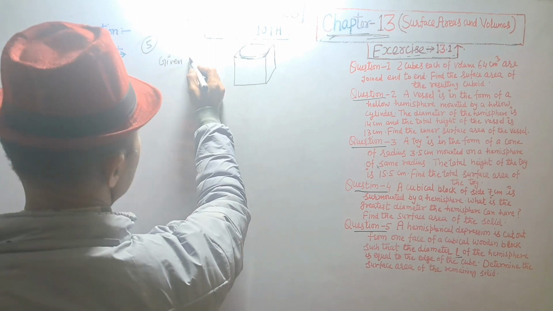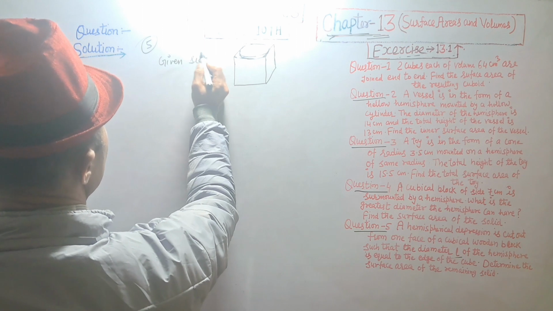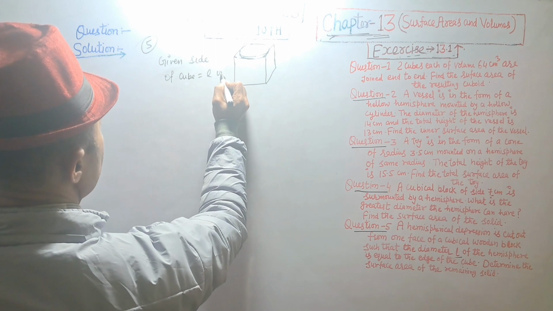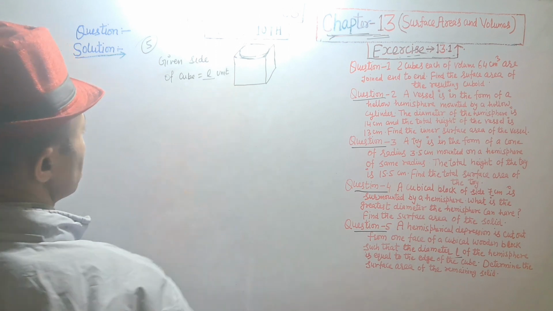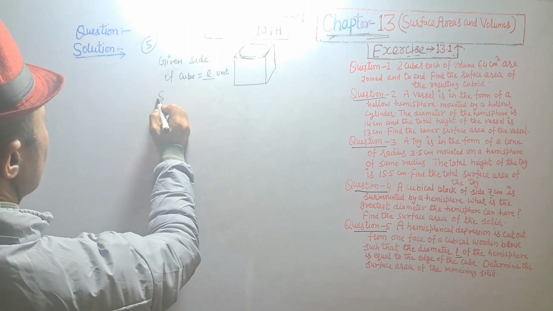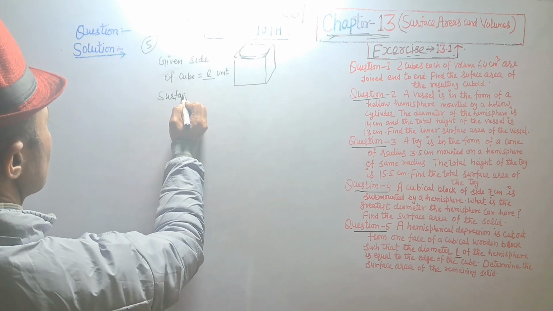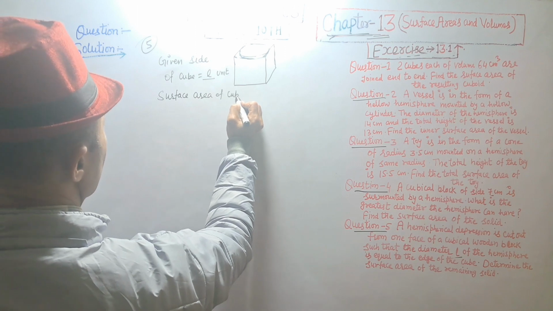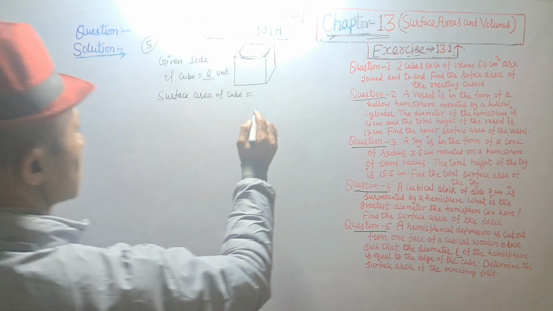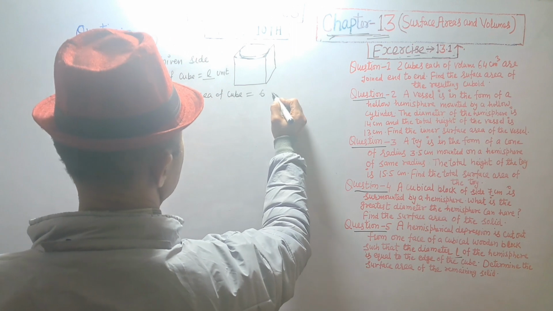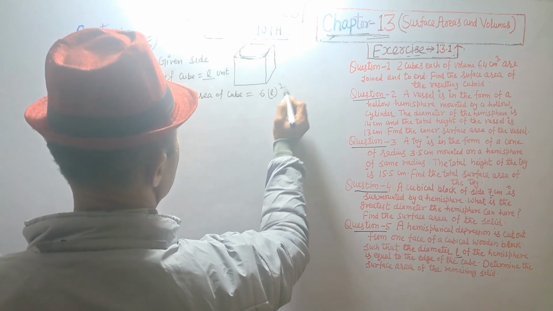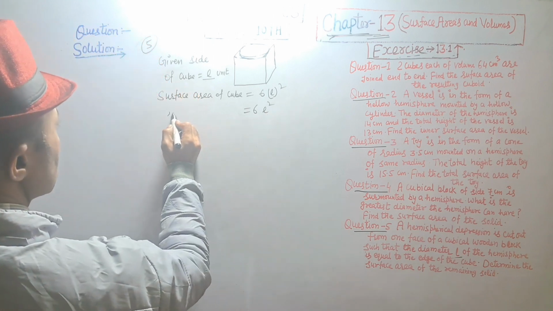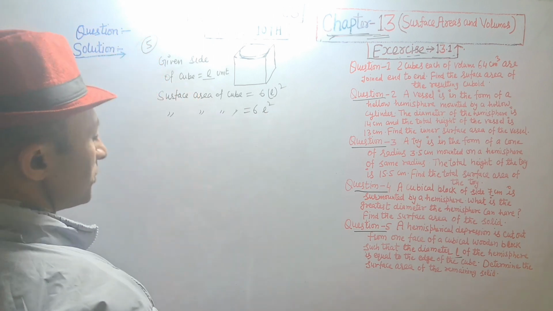Given side of cube is equal to L unit. Surface area of cube. Total surface area of cube is equal to 6 into side square, that is equal to 6L square.